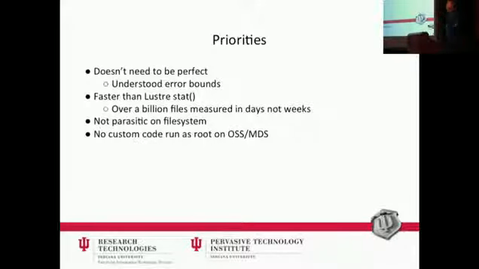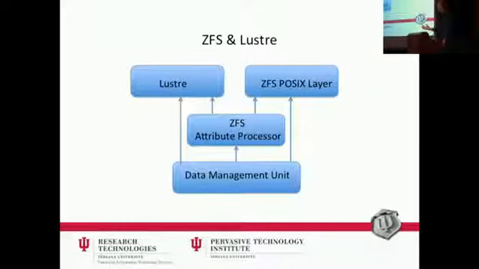This of course isn't all about ZFS and Lustre, but on a certain level, I wanted to point out that from a Lustre standpoint, Lustre and ZFS as a POSIX file system are at the same hierarchical level, and below them are the lower level pieces of ZFS.